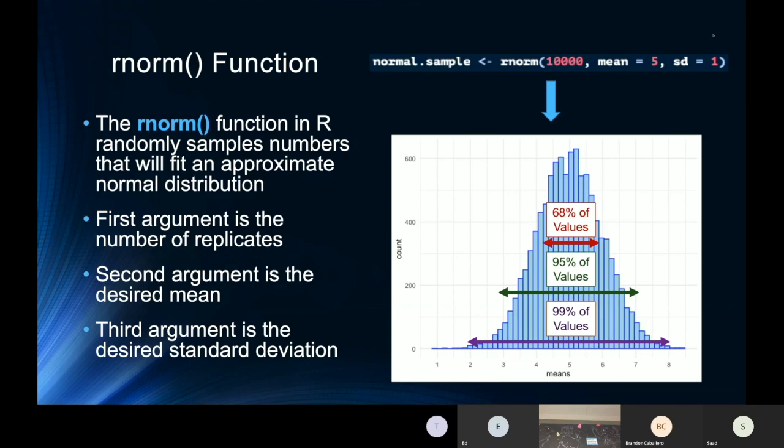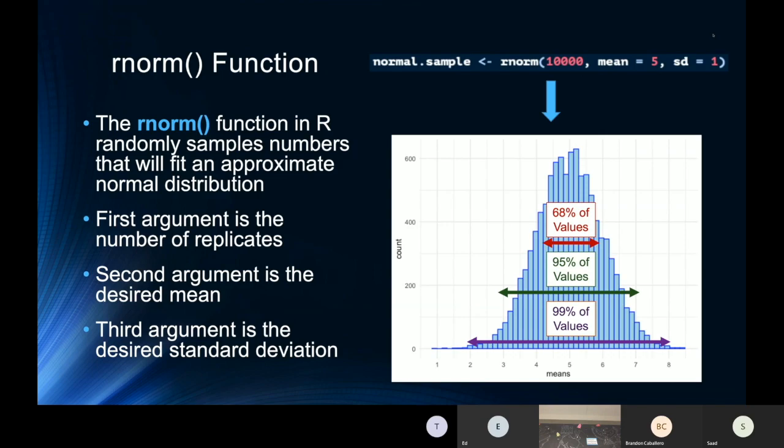Every line that's labeled here is 1 standard deviation. We are seeing that about 68% of our values, which were randomly chosen to fit this distribution, are here, the length of the arrows. 95% is the length of that green arrow, and 99% is the length of the blue.